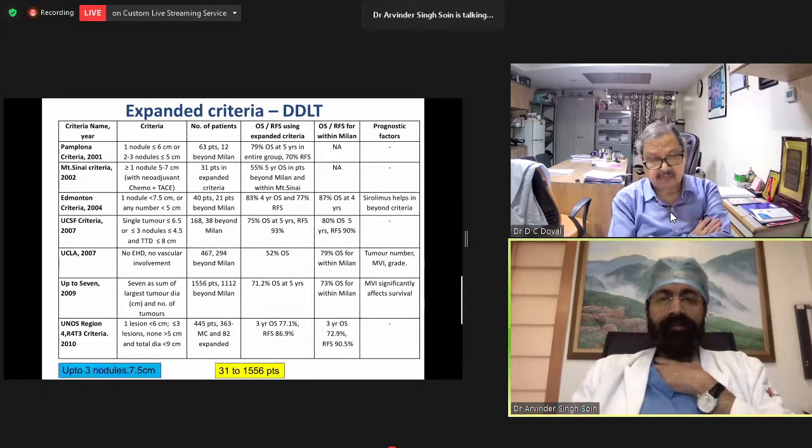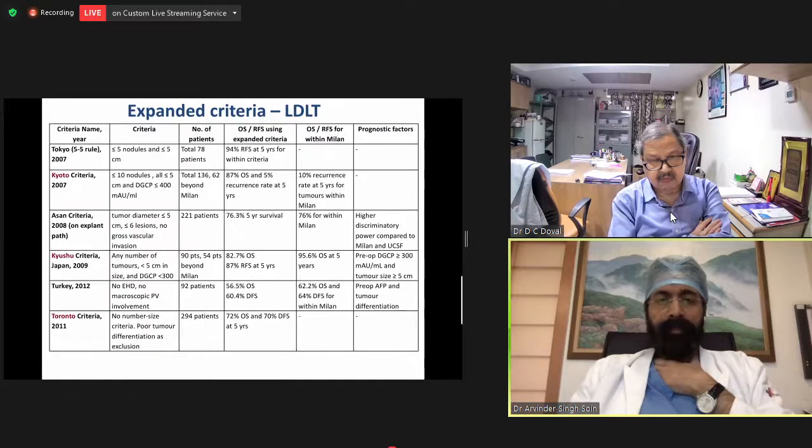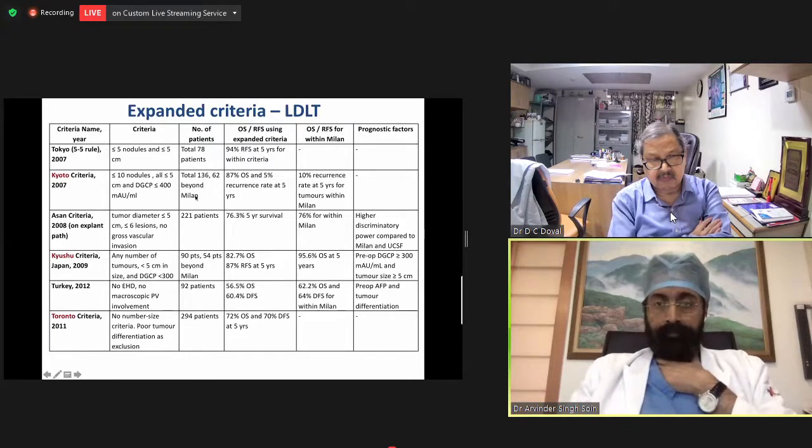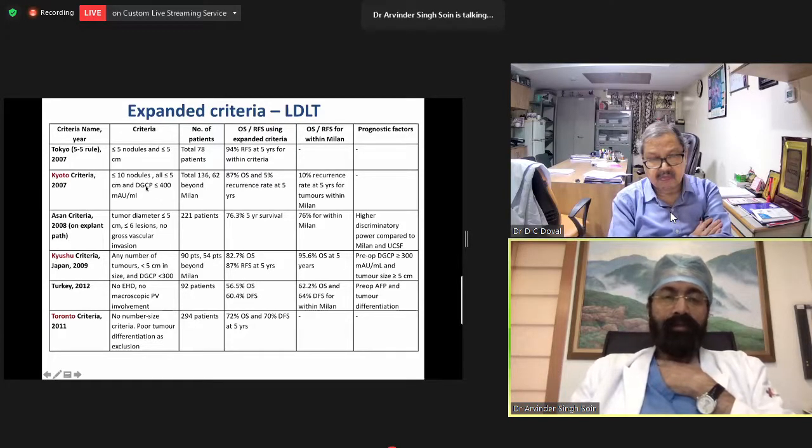And similarly in LDLT, based on the various expanded criteria, Asan criteria, Kyoto criteria, and so on, and also Medanta criteria, which I just showed you, we are able to get anywhere from 56 to 87% 5-year survival. And these all expanded criteria look at biology. For example, the Kyoto criteria look at PIVKA or DCP of less than 400. And most people look at alpha-fetoprotein.